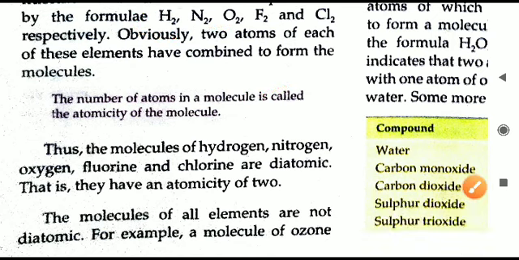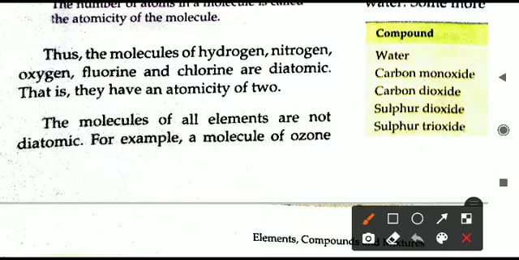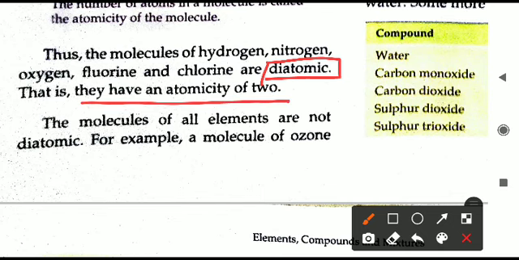And if only 2 atoms are present, the molecule is called diatomic, because the atomicity is 2. So molecules of hydrogen, nitrogen, oxygen, fluorine and chlorine are all diatomic, because their single molecule is made up of 2 atoms only.